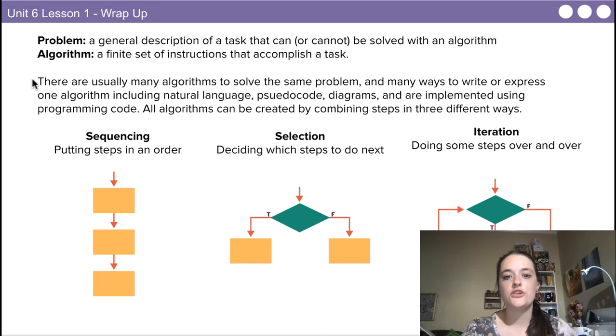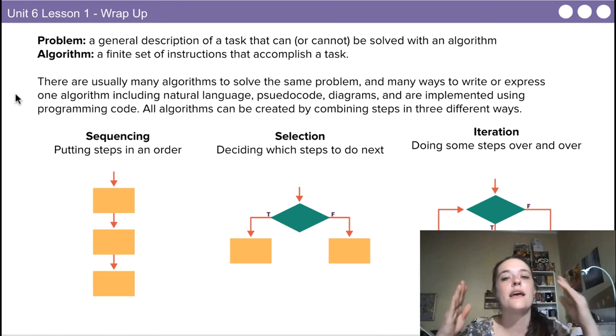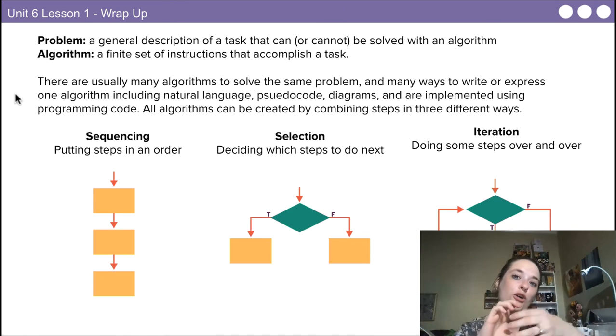There are usually many algorithms to solve the same problem and many ways to write or express one algorithm, including natural language, which is the way you speak, pseudocode, which is when natural language and code come together, like a list of instructions, and diagrams, which are what you see here, and are implemented using programming code.